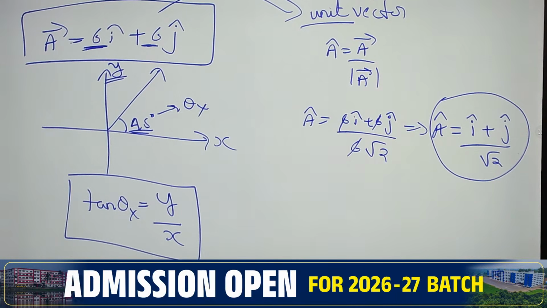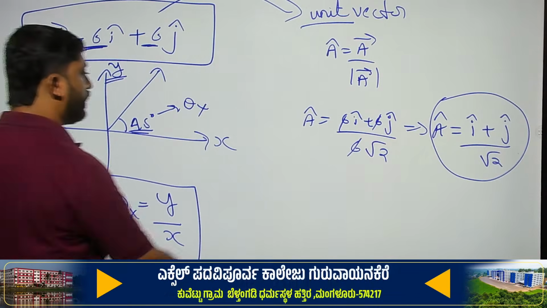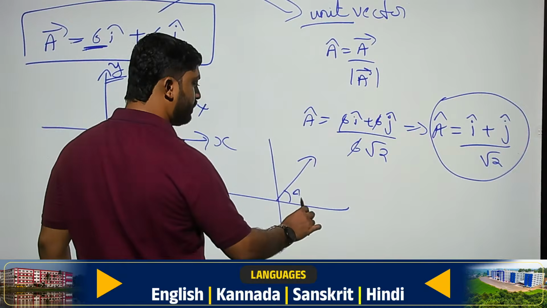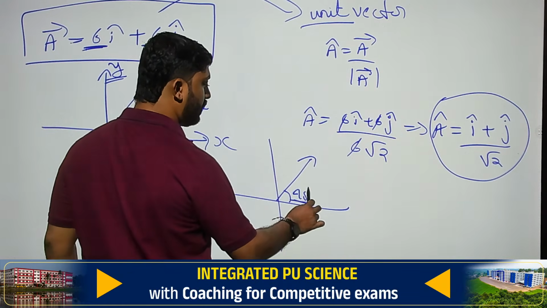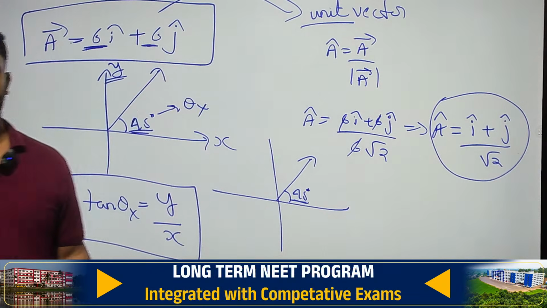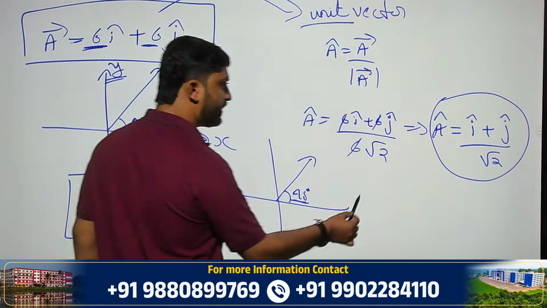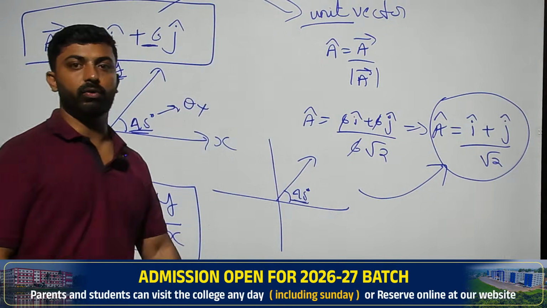Okay. So, if any vector makes an angle 45 degree, then its unit vector is i plus j divided by root 2.